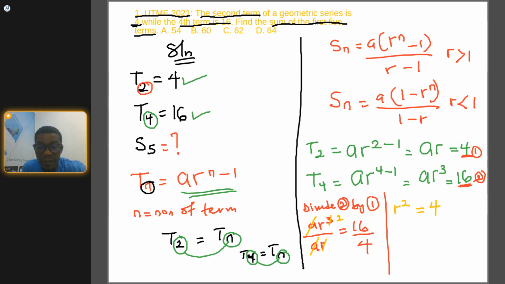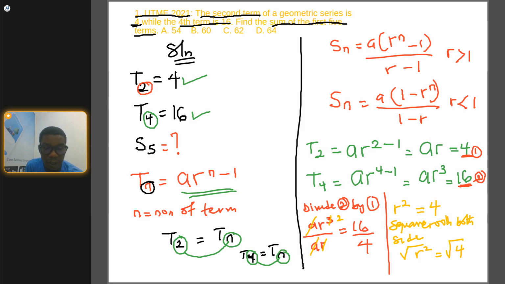And to get the exact value of R, we're going to take the square root of both sides because we have a square. That is, the square root of R squared equals the square root of 4.